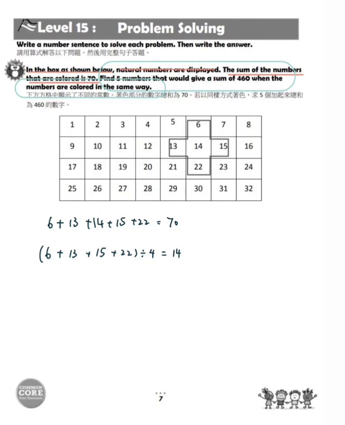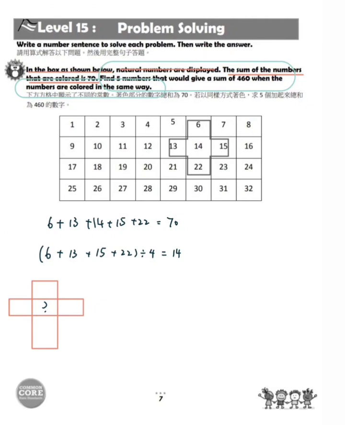So now if we are using the same method, we will know that if we find the middle number here, then we will find the other 4 numbers.